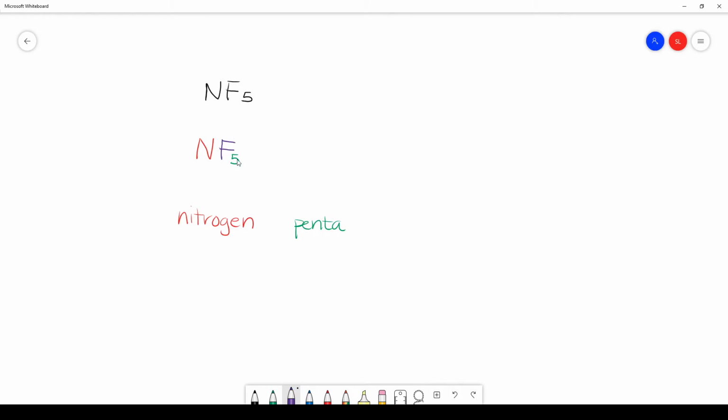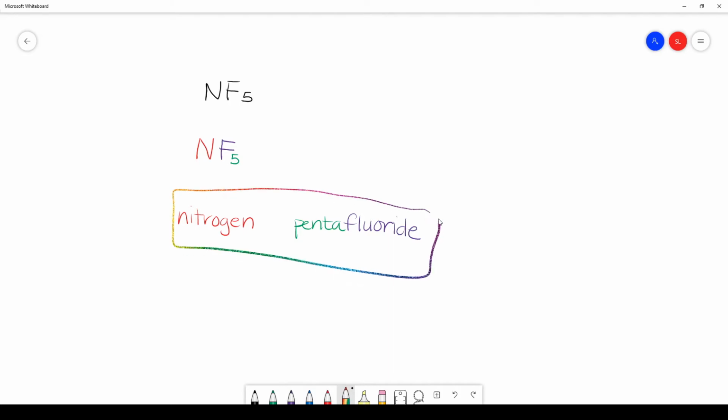And our element 2 symbol is F. That's for fluorine, but element 2 takes on root plus ide, so we write that as fluoride. Nitrogen pentafluoride. I guess better late than never here. There's my element 1, my symbol 1, and my prefix 2, and my element 2.